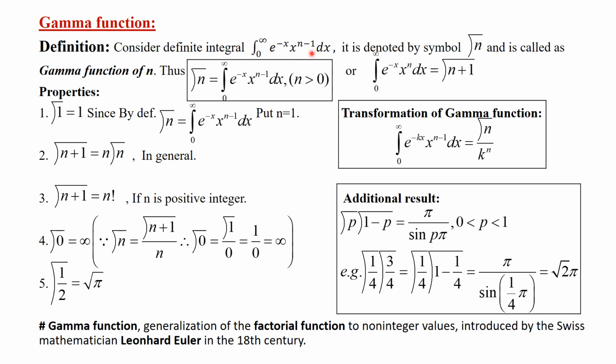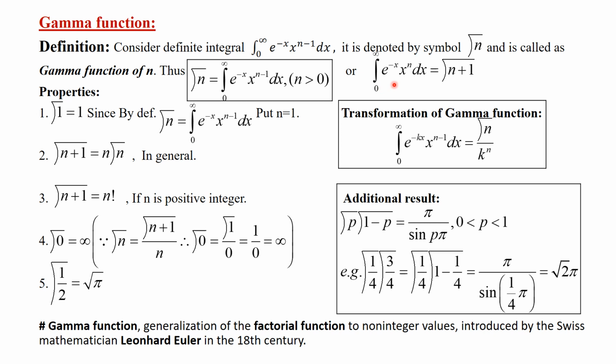So we can write the definition as gamma of n equals the integral from 0 to infinity of e raised to minus x, x raised to n minus 1 dx, where n is greater than 0, maybe a fraction or an integer.